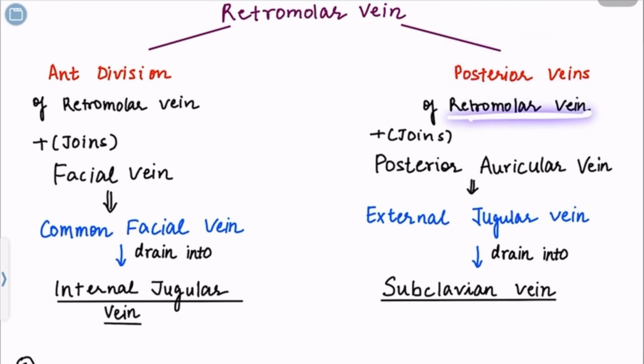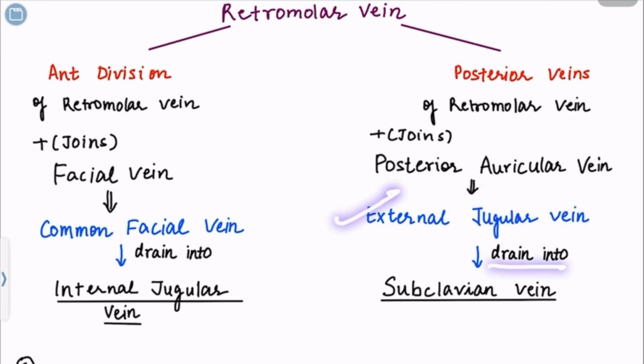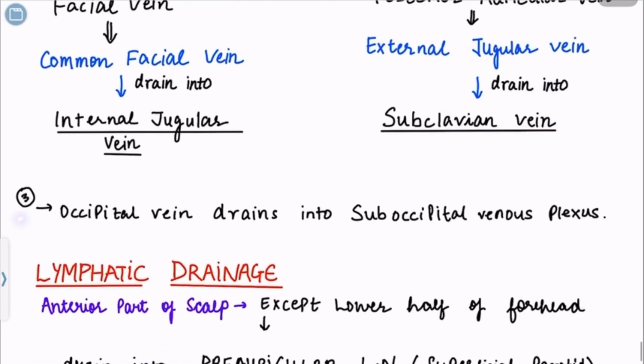It also joins with which vein? With the posterior auricular vein. And this forms the external jugular vein. And this external jugular vein drains into the subclavian vein. Then third is the occipital vein. It drains into the suboccipital venous plexus.